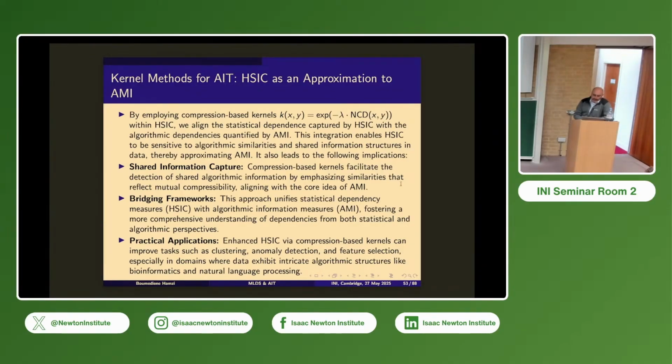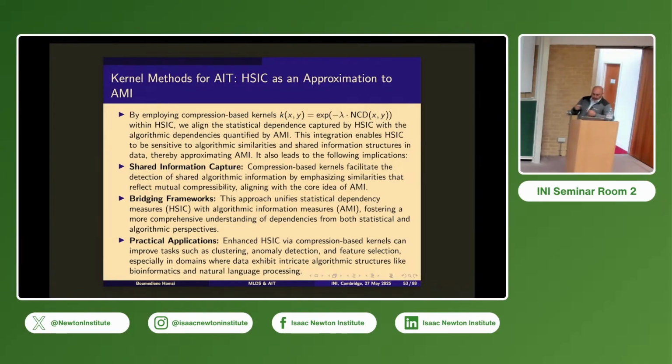And so it has some implications. There is shared information between objects that is captured in two ways, one statistical and the other algorithmic information theoretic.